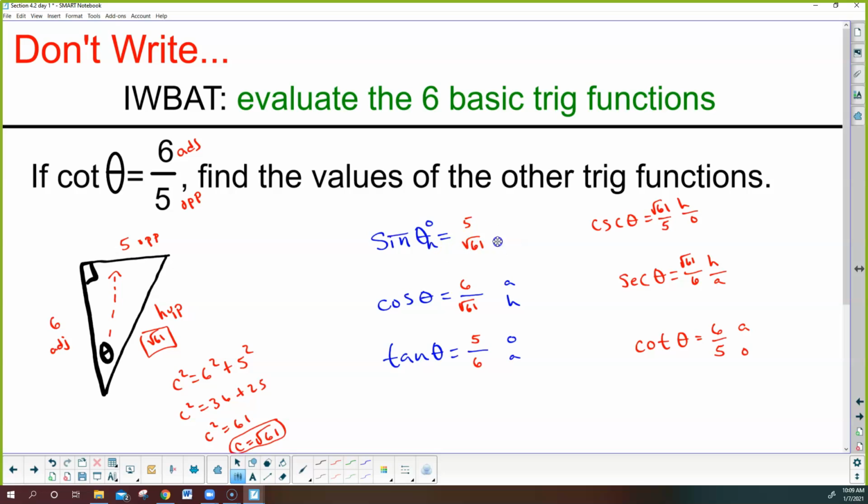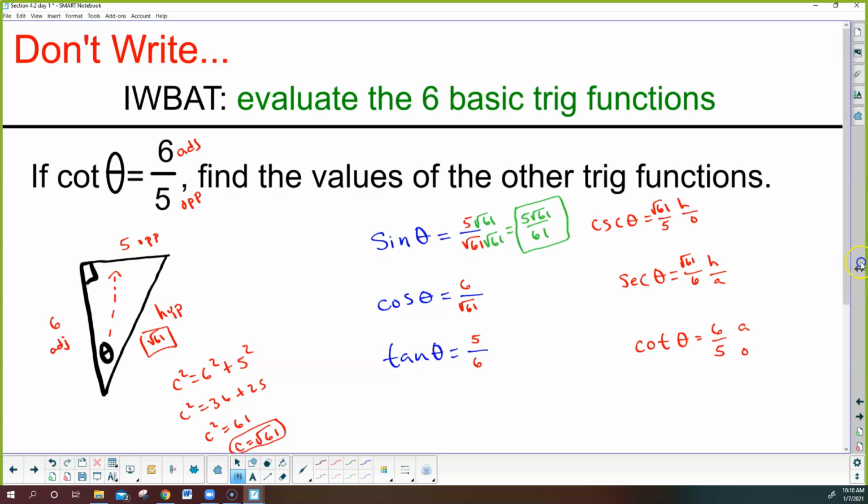So I'm going to multiply the top and the bottom by the square root of 61. So I get 5 square roots of 61 over 61.